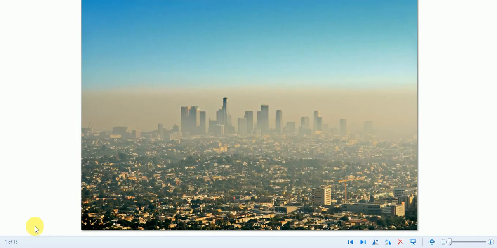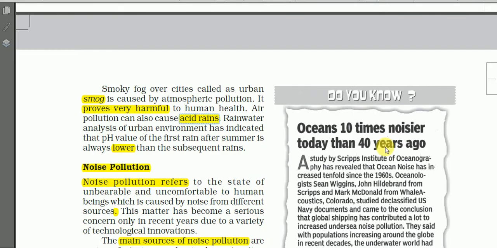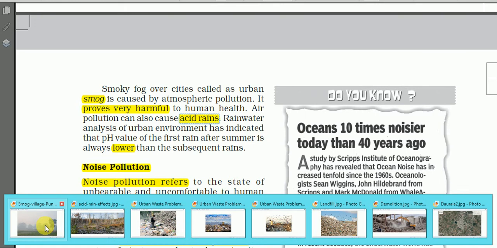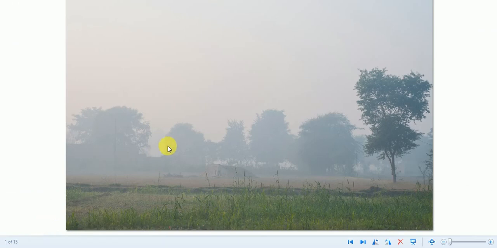Then this is another scene, in Los Angeles, and here is smog in a village in Punjab.